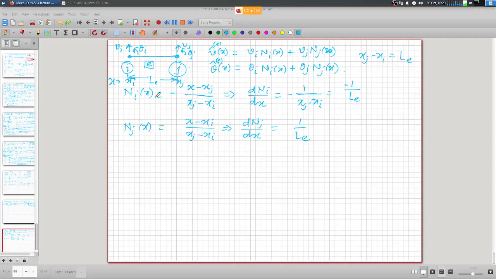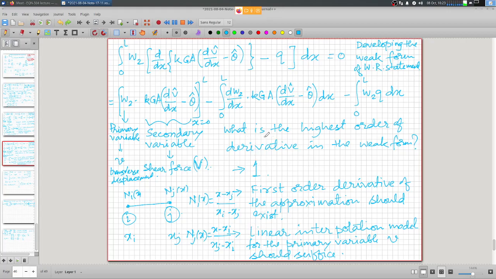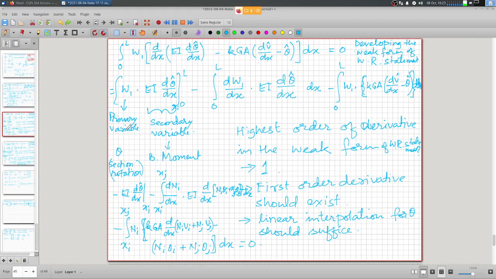So this is what we are trying to do. We inferred that the highest order of derivative in both the approximations, for the primary variable theta, the section rotation, in this weak form of the weighted residual statement is 1, and that implies that a first order derivative should exist, and therefore a linear interpolation for theta should suffice, and a linear interpolation can be built by interpolating between the values of the primary variable at the two nodes that define the element.